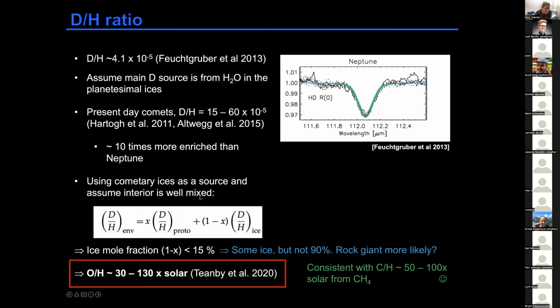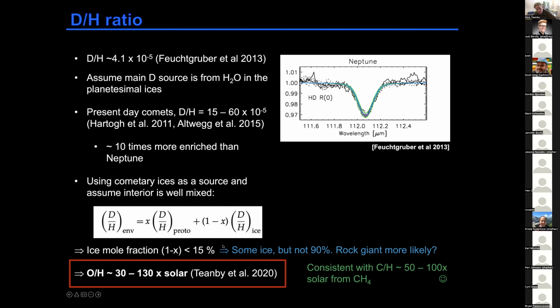If we assume that the ices that form Neptune were like the present day comets, we can work out how much ice we might have in Neptune. And if you do that with this very basic theory, we get something less than about 15%. So we do get some ice, but definitely not 90% ice.